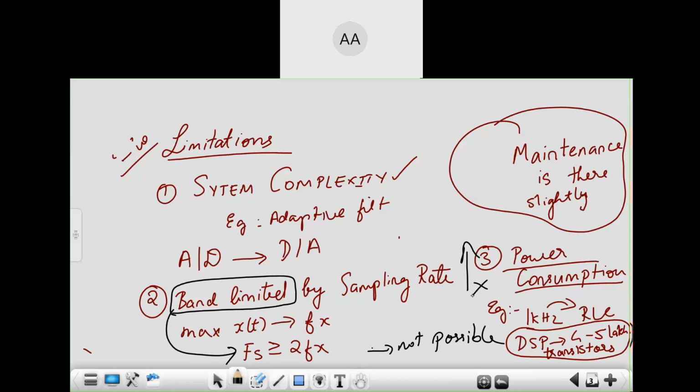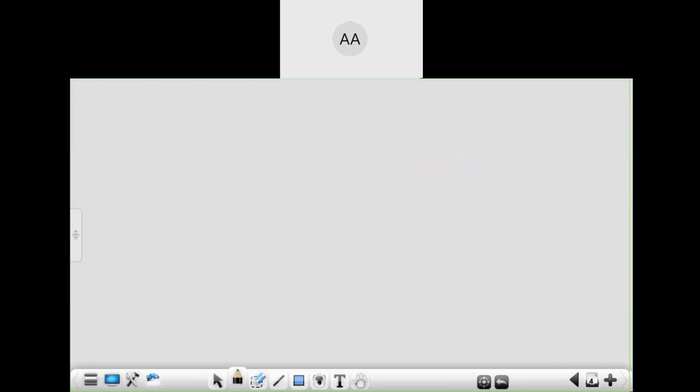Because this power consumption is high, there will be a lot of heat dissipation, and when heat dissipation is high, sufficient background maintenance you have to do. This is linked to that point, so you can just include it there. But these are the basic 3 advantages or disadvantages of this.